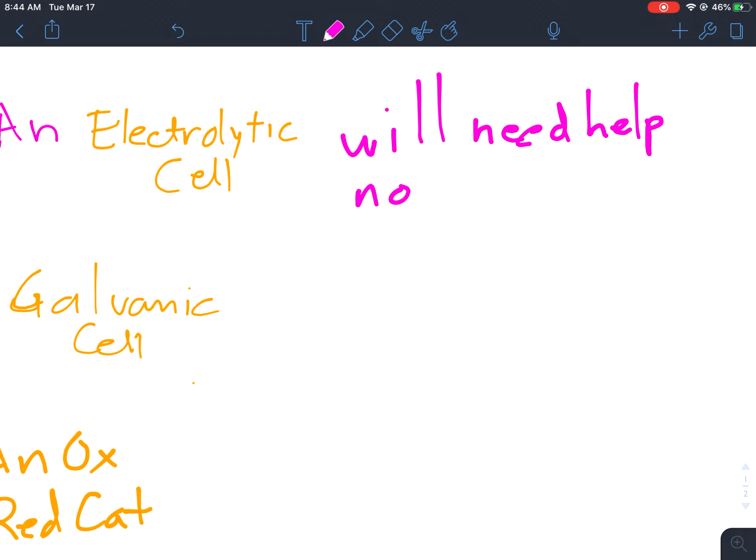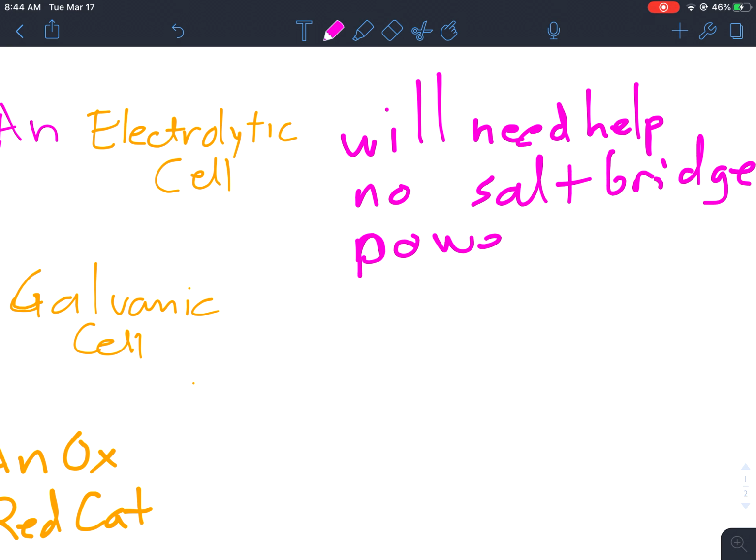There is no salt bridge. You don't know what I'm talking about, but you'll see it. There's no salt bridge. And the other thing is that help comes in the form of a power supply. That is an electrolytic cell.